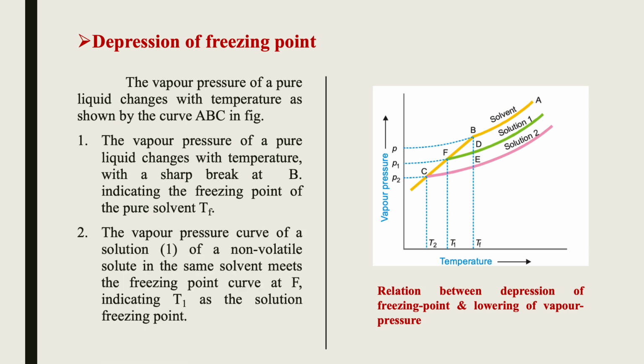Vapor pressure curve of solution 1 of non-volatile solute in the same solvent meets the freezing point curve at F. So this point F represents the freezing point for solution 1. So T1 is your freezing point for solution 1.